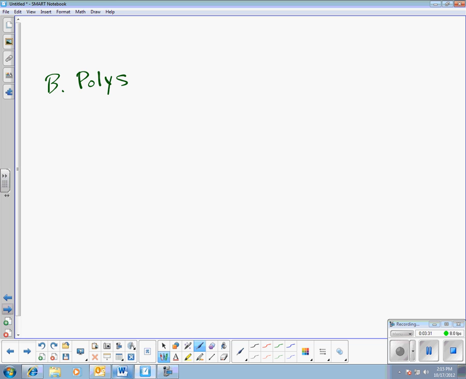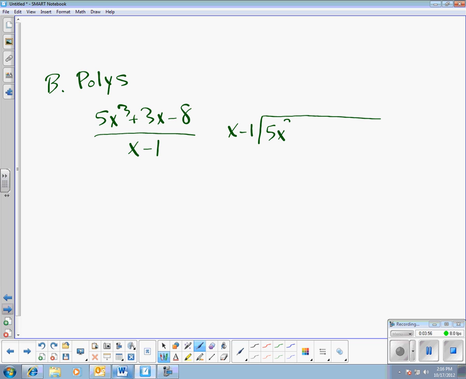Okay, so you would have something like 5x cubed plus 3x minus 8 over, or divided by, x minus 1. All right, so the bottom number goes on the outside, and 5x cubed plus 3x minus 8 goes on the inside.